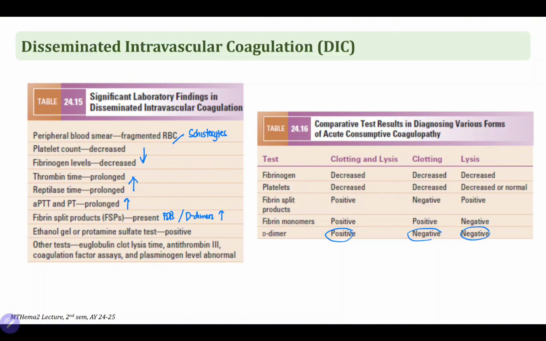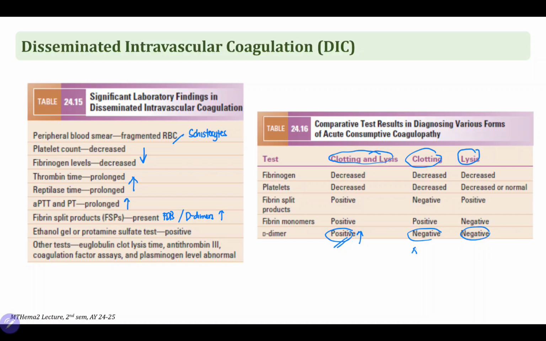Now, ito yung sinasabi nating alternative forms ni DIC. Either both, meron siyang activated clotting and lysis. Pwedeng clotting lang siya or lysis. Tatandaan, ang increased D-dimer levels lang ay associated with both the clotting and the lysis. Kasi kung sa clotting, guys, it would be negative kasi walang nalalyze na fibrin polymers.